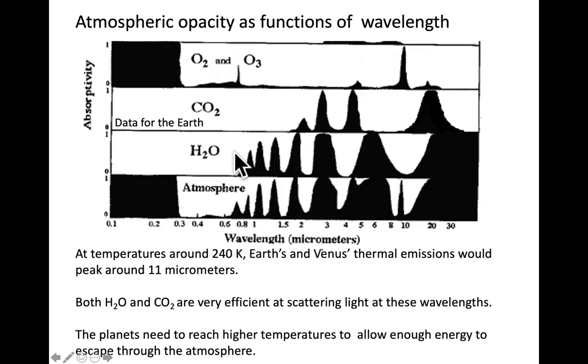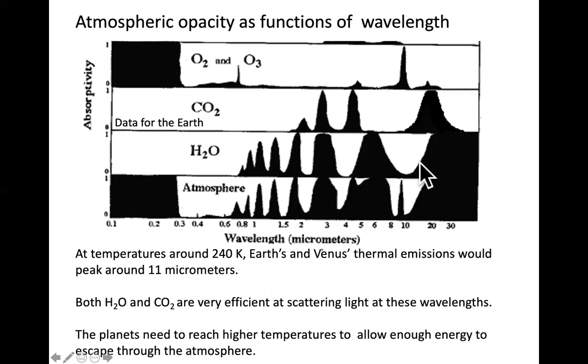Carbon dioxide and water, on the other hand, are pretty transparent at visible light, but are not at all at infrared light. And this is what leads to the greenhouse effect. Earth is trying to emit its radiation at around 11 microns, with a bit of a spread. So this is in the middle of these absorption bands for carbon dioxide and water.